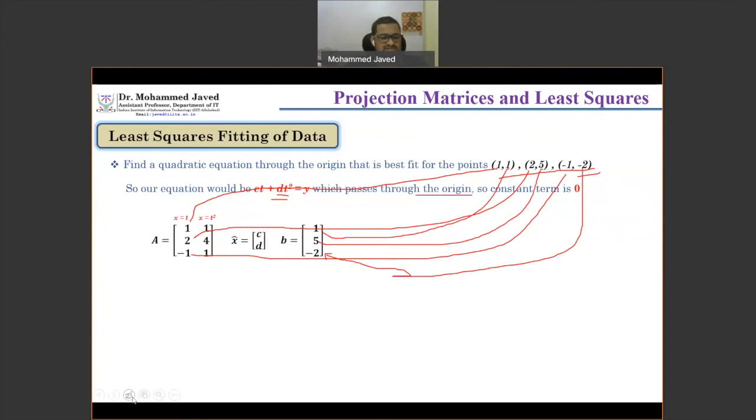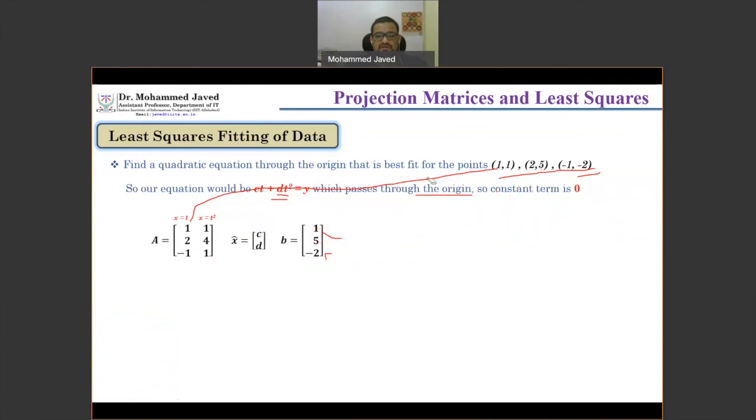I'll erase this. So now my A is ready, X cap is there, and B is ready.